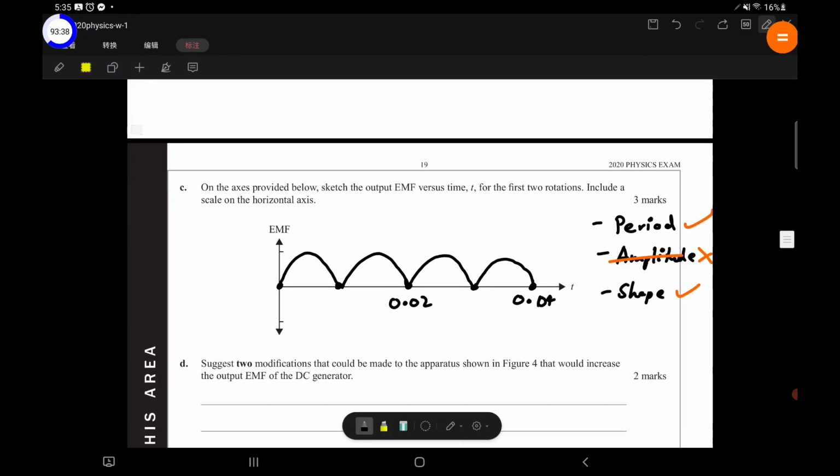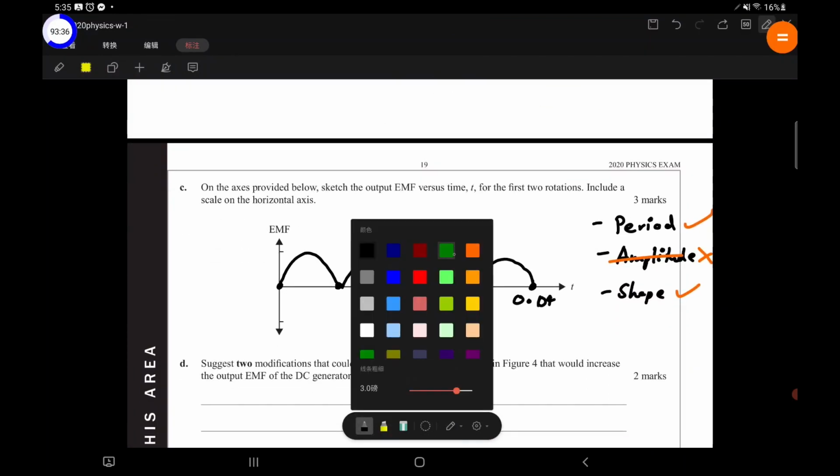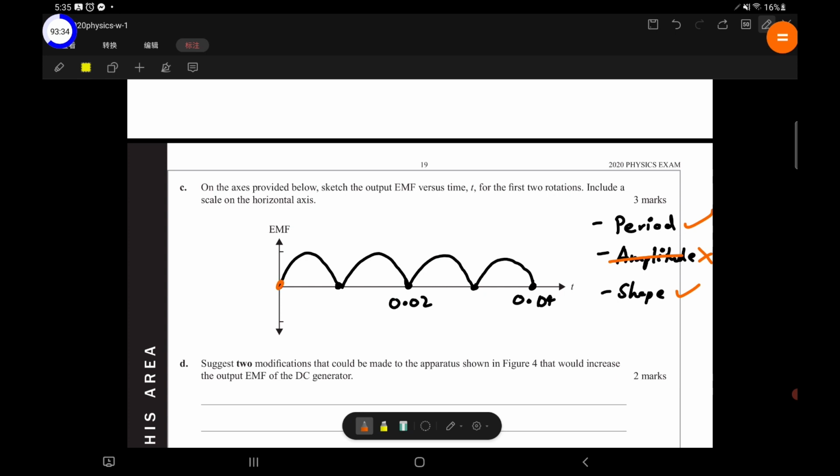Let's have a think about this. I just noticed that I might have made a mistake with my answer, because my initial value for the EMF, I've said 0, but is the initial value of the EMF 0? Remember that EMF relates to the change in flux. If there is no change in flux, or a momentary 0 change in flux, then you have a 0 EMF.